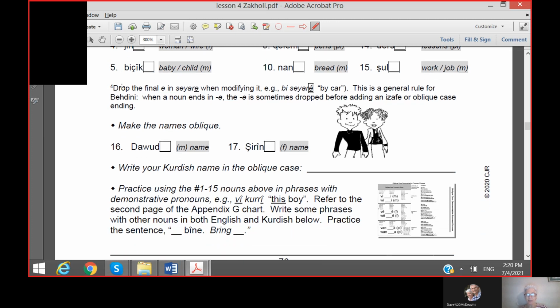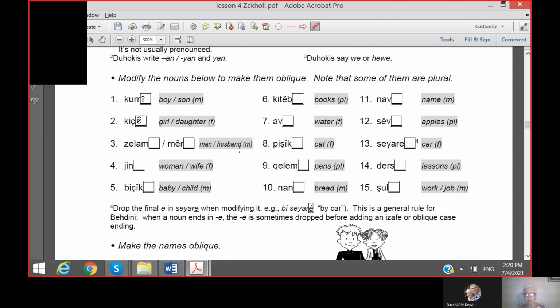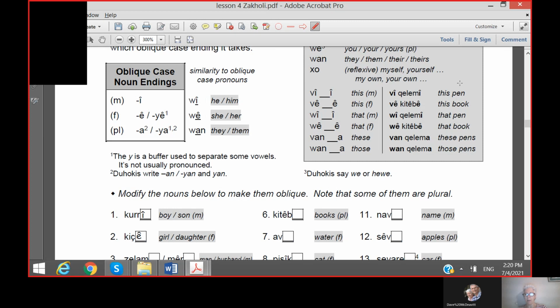Okay, now, the next thing you're going to do is work with the Appendix G chart. So go look in your Book B at Appendix G, and you're going to practice using the nouns above, numbers 1 through 15, in phrases with demonstrative pronouns. So instead of just saying boy, you're going to put them in a phrase like this boy, just like we modeled for you here.